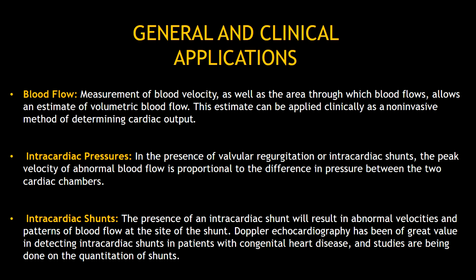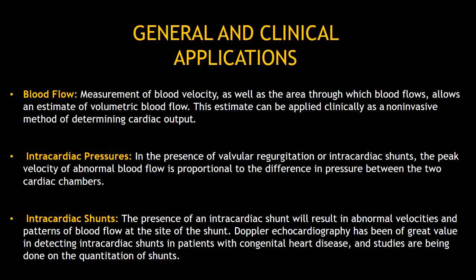Third, blood flow. Measurement of blood flow velocity as well as the area through which blood flows allows an estimate of volumetric blood flow. This estimate can be applied clinically as a non-invasive method of determining cardiac output.